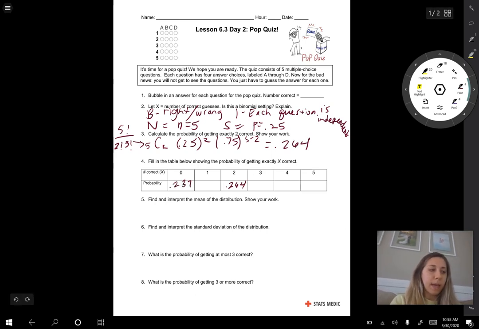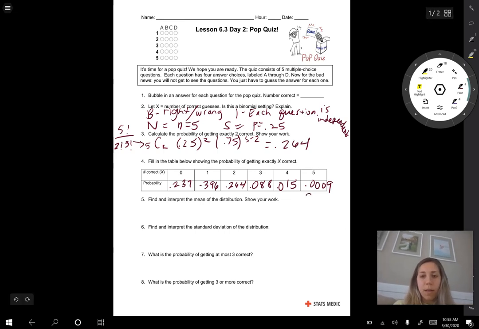For 1, I would get 0.396. For 3, I would get 0.088. For 4, I would get 0.015. And for 5, I get 0.0009. Or if you want to say it's approximately 0.001.